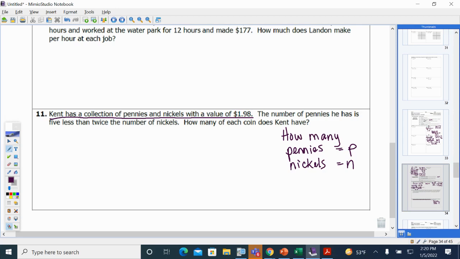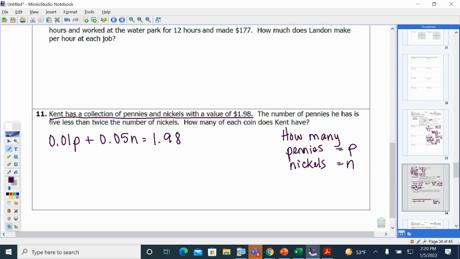Pennies are worth 1 cent. Nickels are 5 cents. For the $1.98. So that's how you have to set up that first equation using that first sentence. It's a collection of pennies and nickels with a value of $1.98. And then the second equation is going to come from that second sentence.